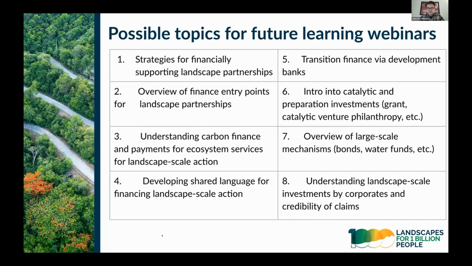And I say that because the next four are all very good examples of types of mechanisms and finance strategies that have amazing potential to support landscape transitions, but currently it's fair to say are mostly not connected to landscape goals. And work is being done to ensure that that's done more intentionally, but we're not there yet. But they do have a lot of potential.